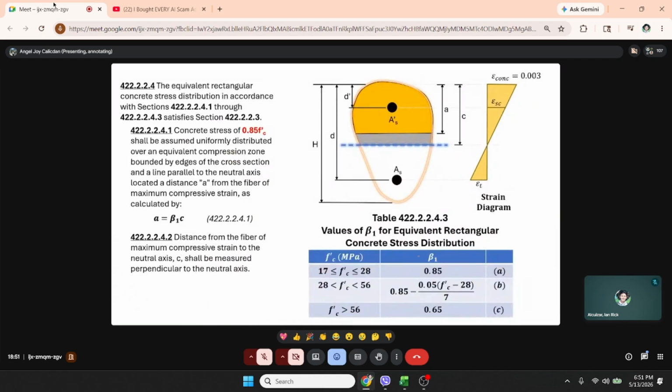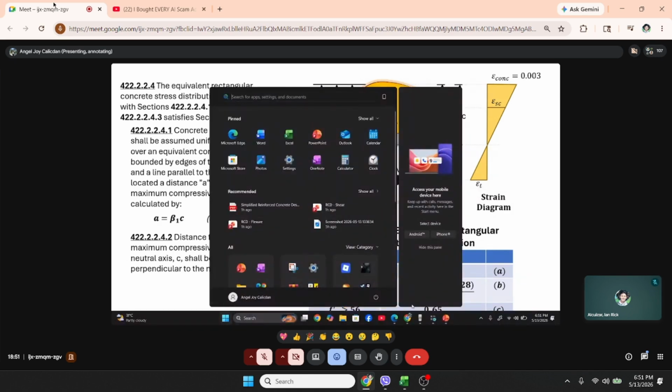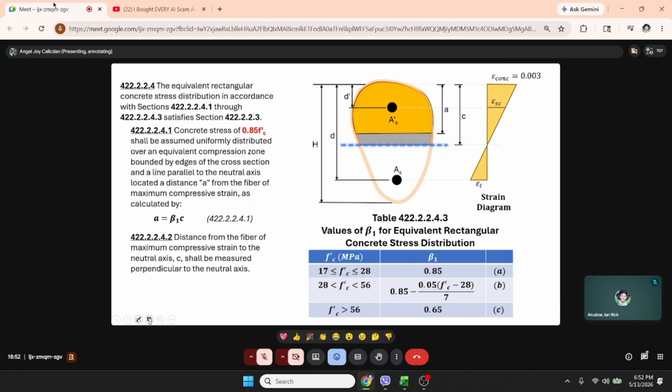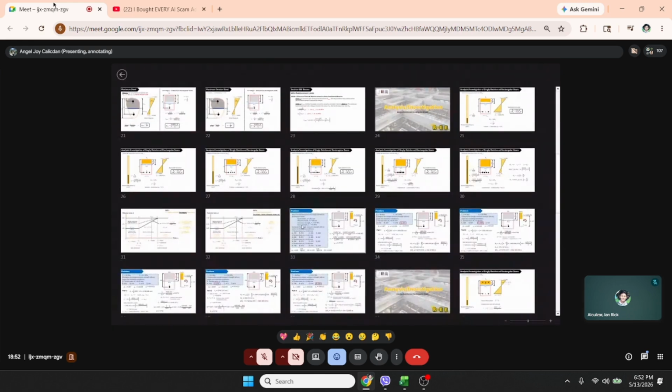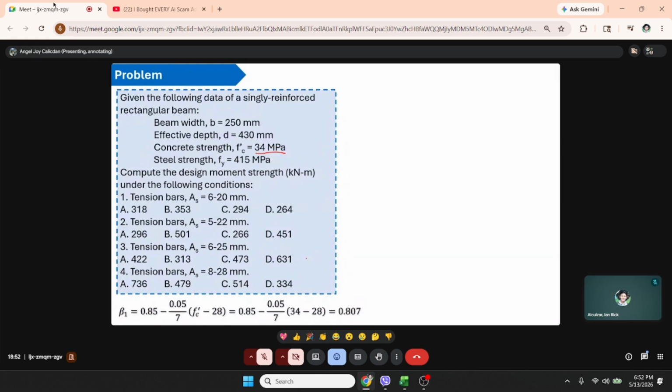So here, value sa beta 1, since in between siya sa 28 and 56 ang atong fc prime, we have to use this: 0.85 minus 0.05 over 7 times the quantity of fc prime, which is 34 minus 28. Solving, we get 0.807.